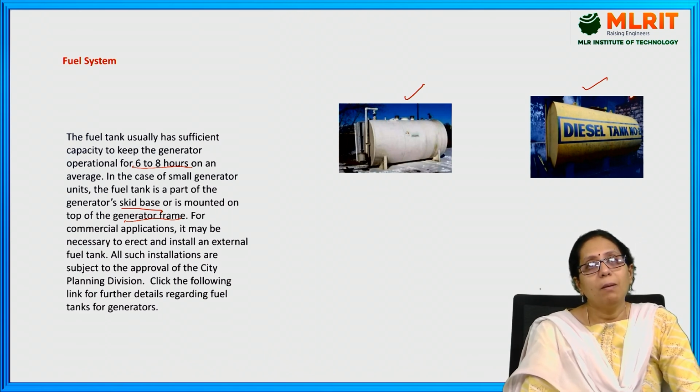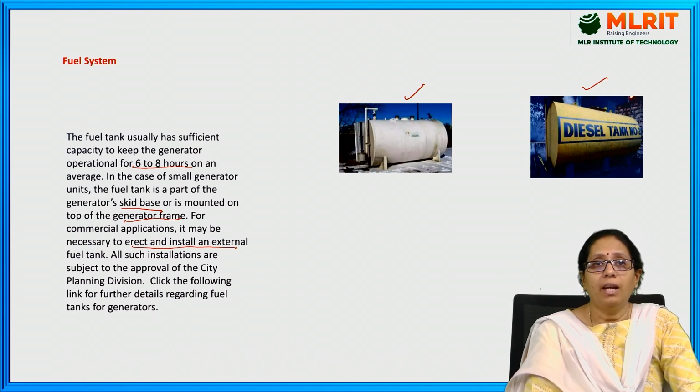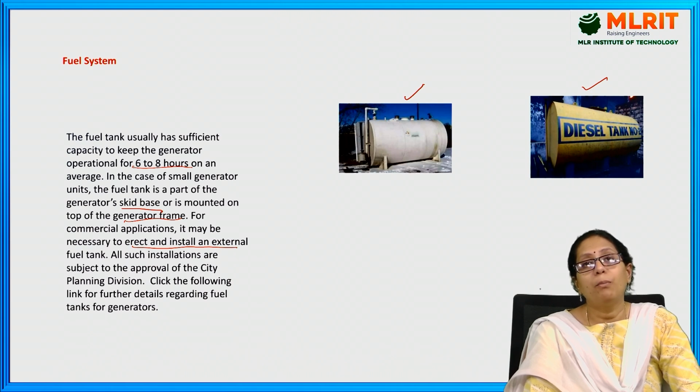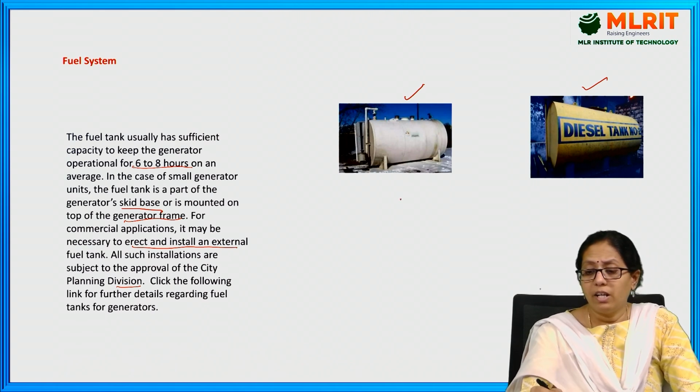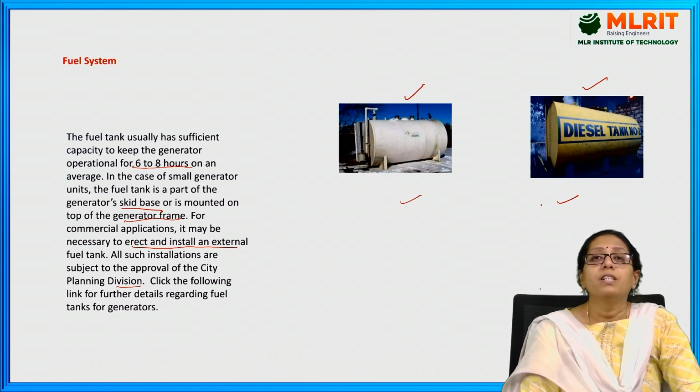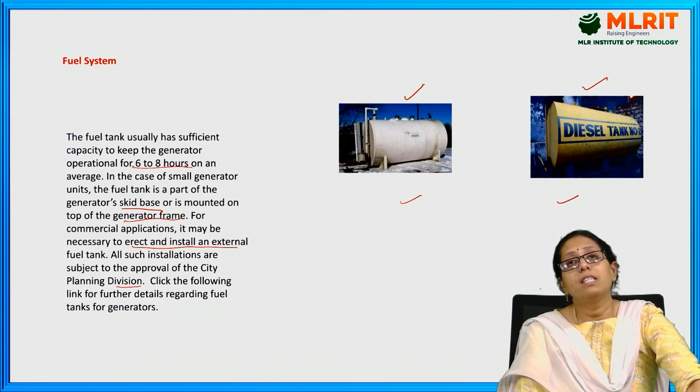For commercial applications, it may be necessary to erect and install an external fuel tank. All such installations are subject to the approval of the city planning division. Here you have seen two different types of diesel tanks which are placed in diesel engines or diesel generators.